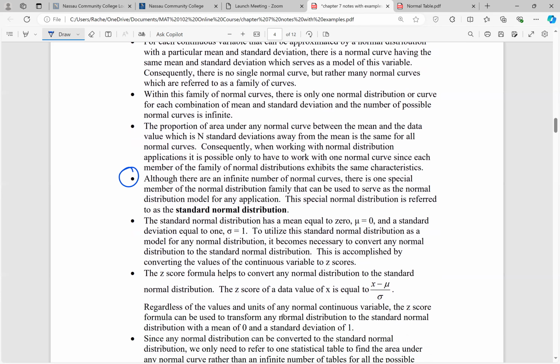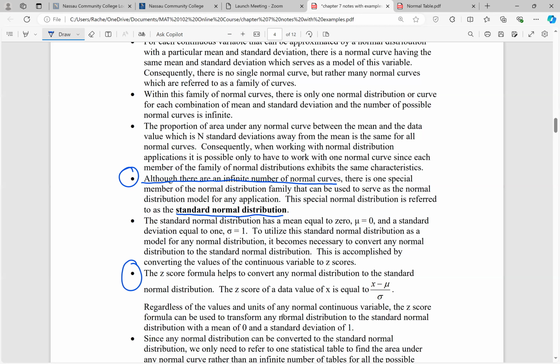So although there's an infinite number of normal curves, there's one special member of the normal distribution family that we could use to serve as the normal distribution model for any application. And we call this the standard normal distribution, where all the scores are in z-scores, the mean is equal to 0, and the standard deviation is equal to 1.